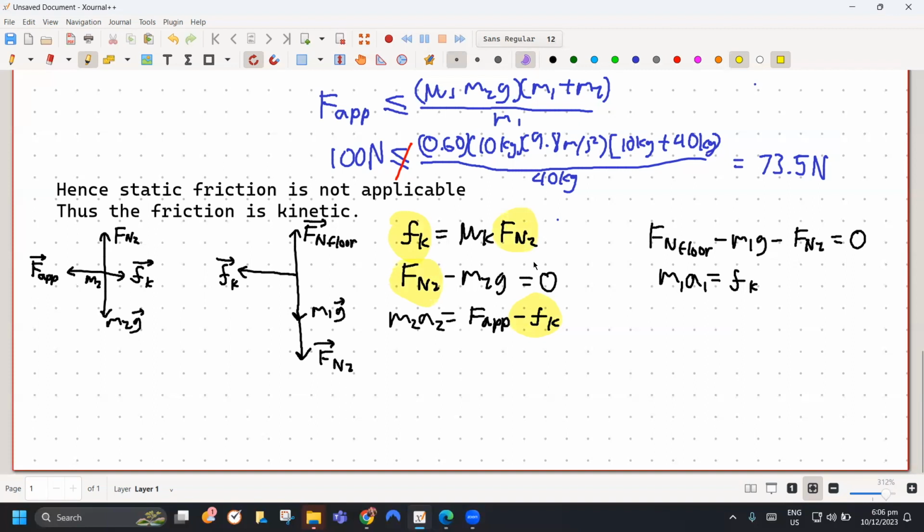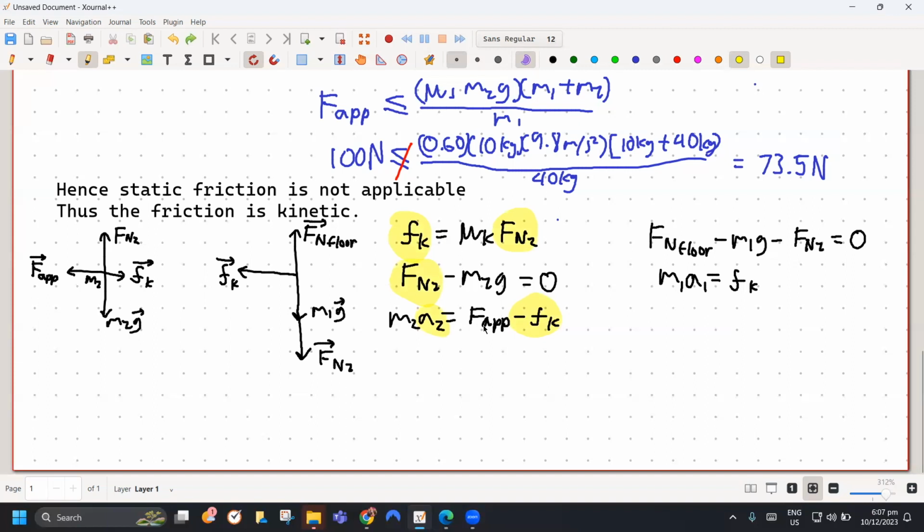We don't know FN2 yet, right? Pero we can solve it soon. We're treating this as a math problem. Mga unknowns na hindi given that we can solve for. Okay, so highlighted.